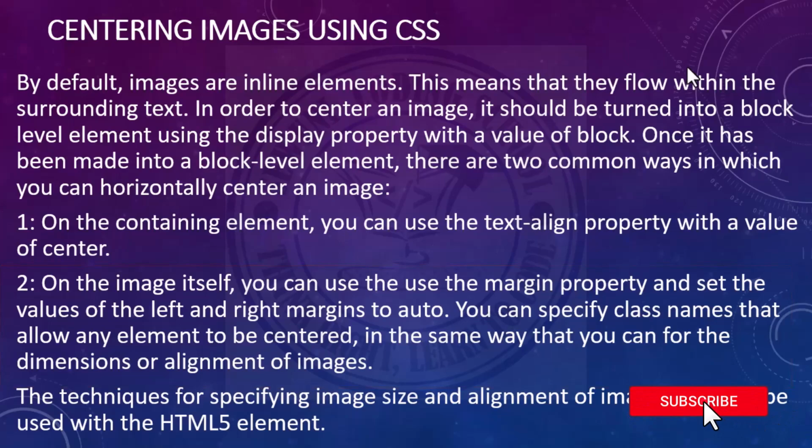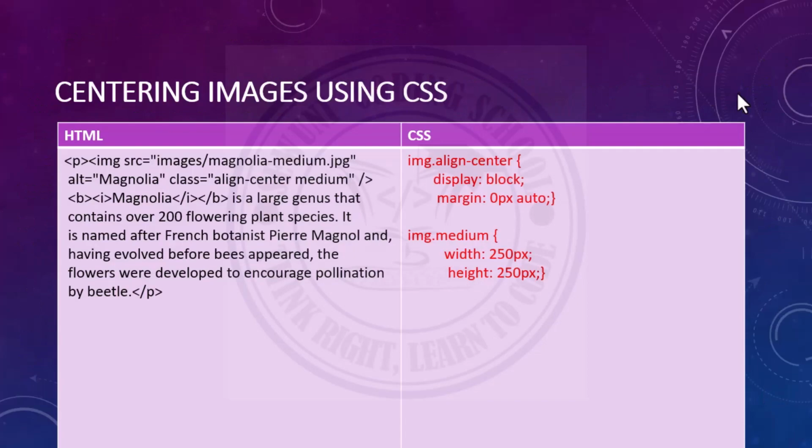The techniques for specifying image size and alignment of images can also be used with the HTML5 element. Now this is the code we are going to look at in our text editor. If you look on the left, you see a paragraph, and on the right you see the properties that have been attached.